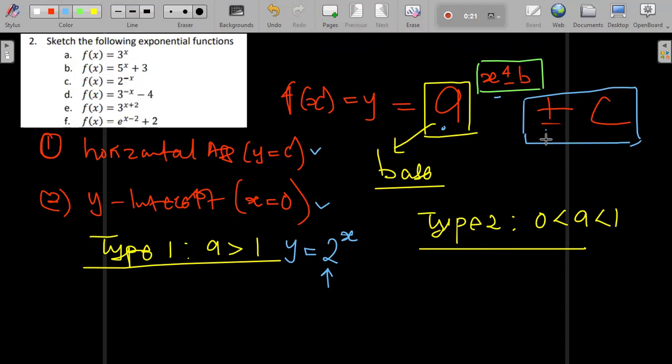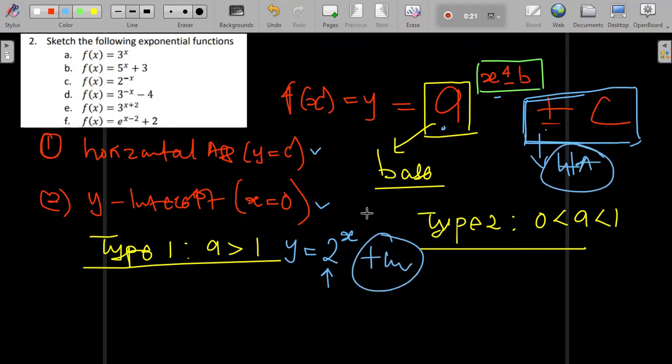Coming to this general formula, this c that I've highlighted in blue is what will be our horizontal asymptote. If you cannot see any plus a certain number like that, it means your horizontal asymptote is simply y equals 0.